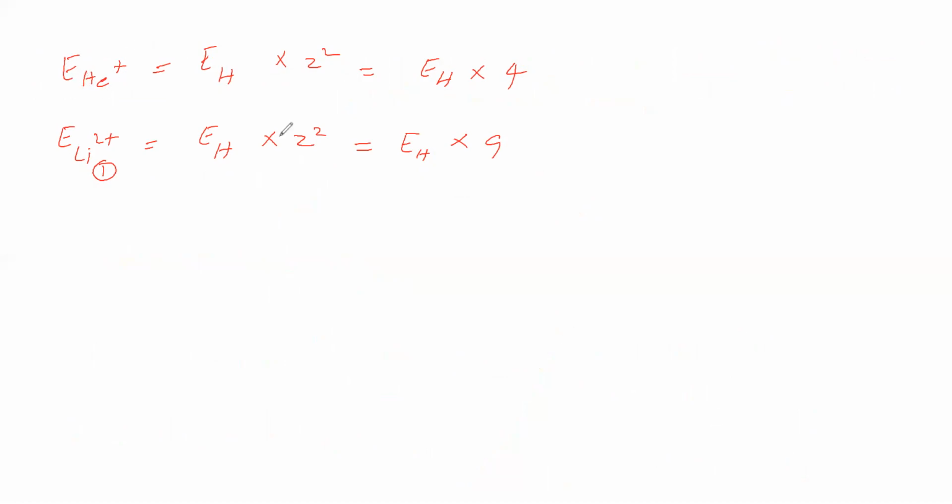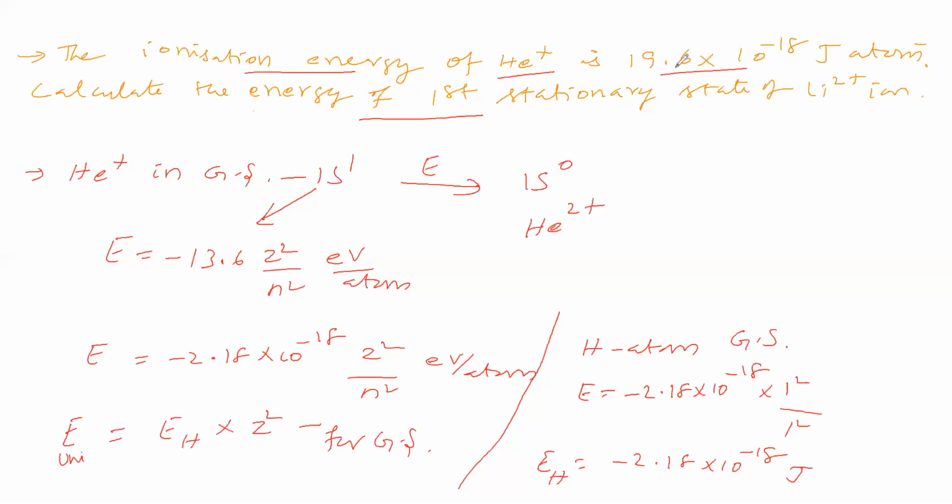Here the ionization energy of He plus is given. We take He plus in the ground state, where the electron is present in 1s. To remove this electron we have to supply this much energy, which is the ionization energy.